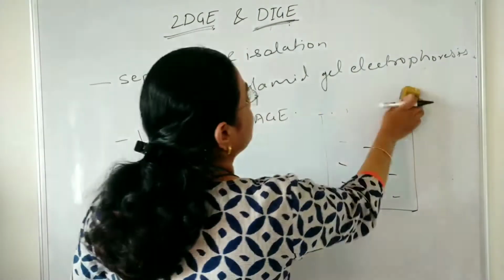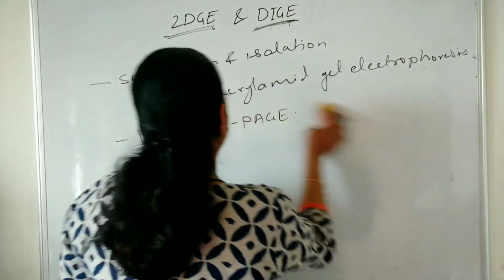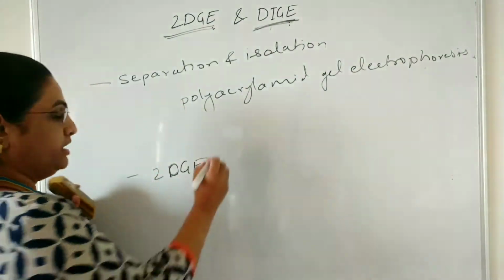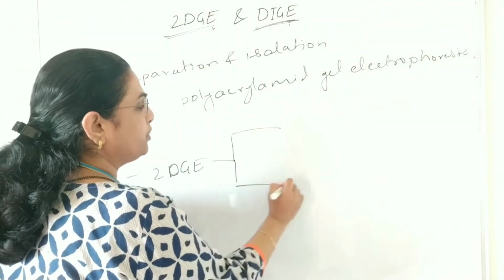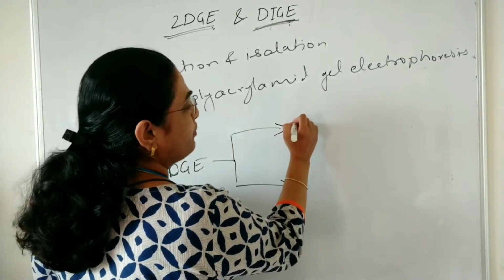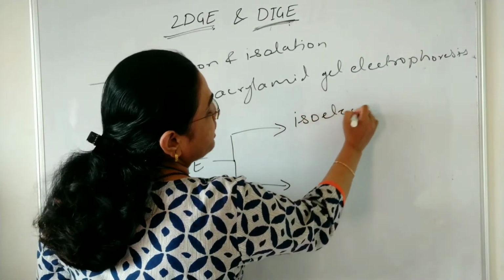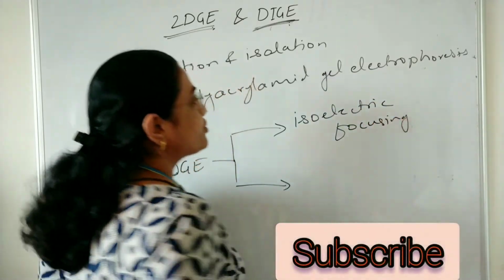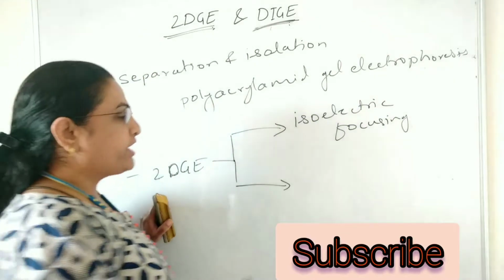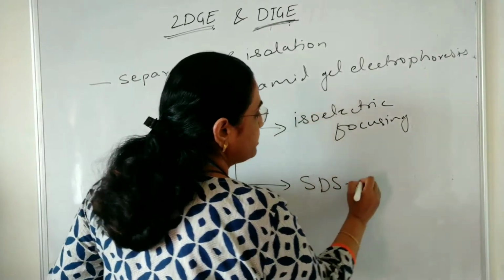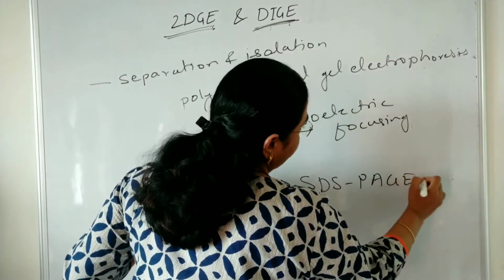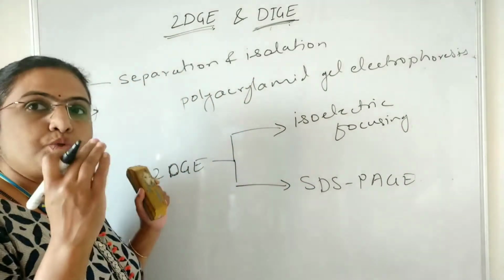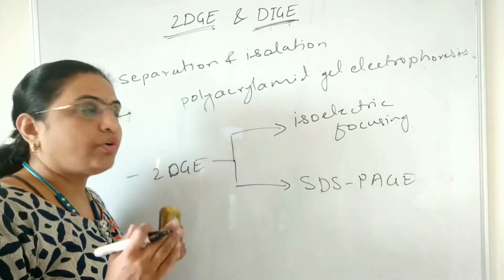Here in two-dimensional gel electrophoresis, there is a use of two types of gel electrophoresis. The first one is isoelectric focusing. The first dimension is isoelectric focusing, and the second dimension is SDS-PAGE. So two characteristics are used for the separation.